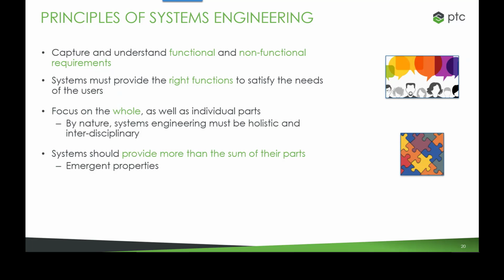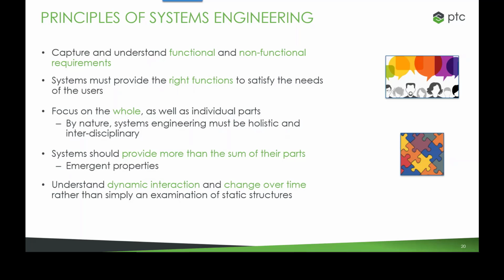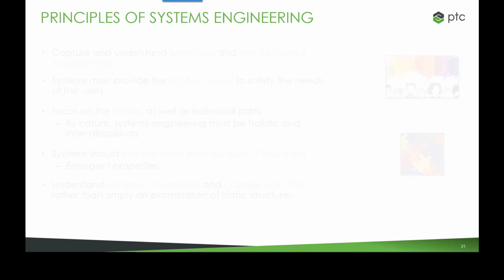When you combine bits of a solution together, you actually get more. And this is pretty common with lots of examples of systems. Something else that we must think about in systems engineering is to understand dynamic interaction and change over time, not just an examination or understanding of static structures. And we'll look at that in more detail and explain what that means in the coming slides.